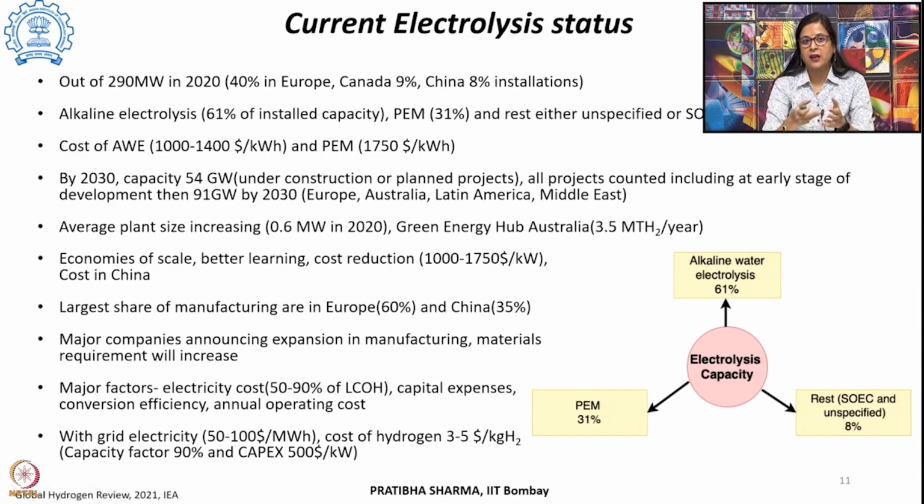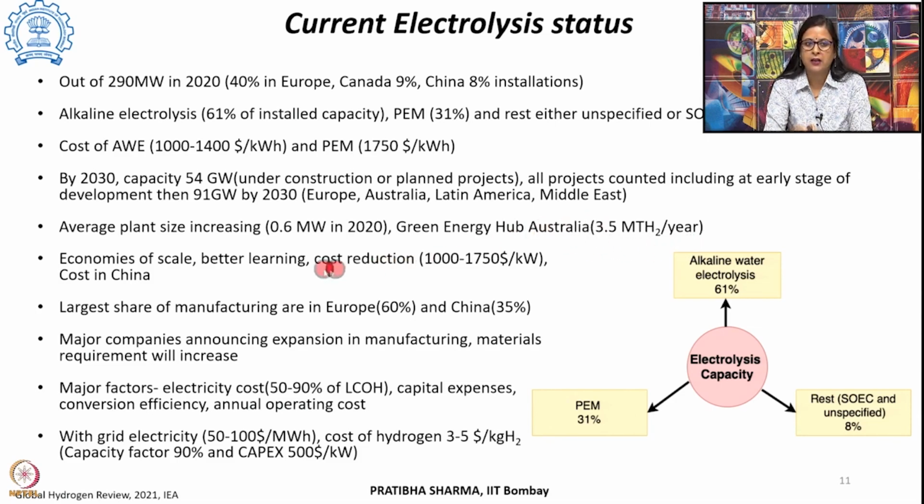There are plants planned which will have a capacity of 1 gigawatt, like a plant in Australia under the green energy hub. It has 50 gigawatts of solar PV and wind installation that will be used for hydrogen production, and that will have a capability of producing 3.5 million tons of hydrogen per year.